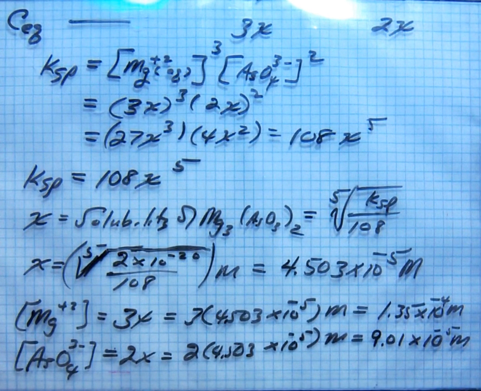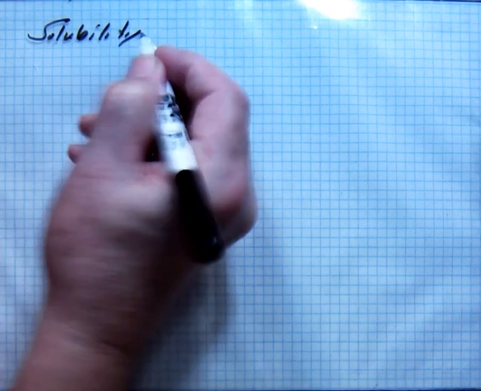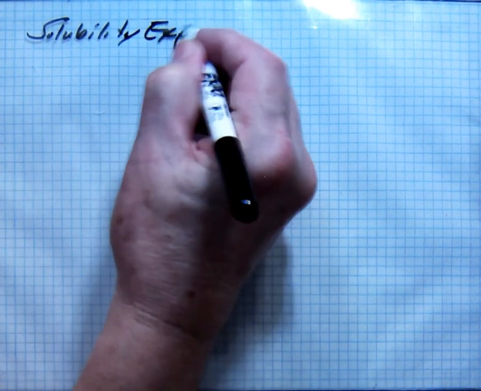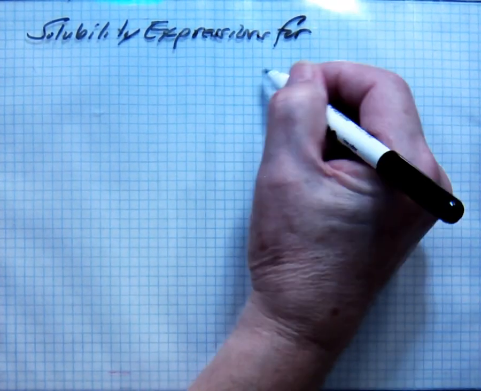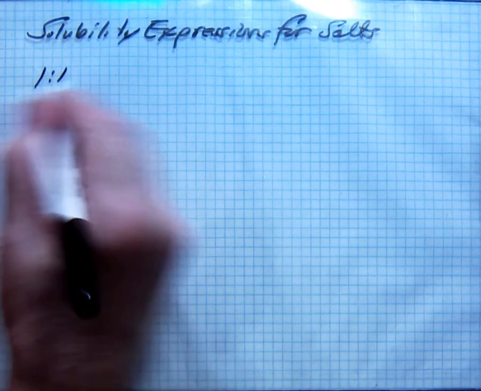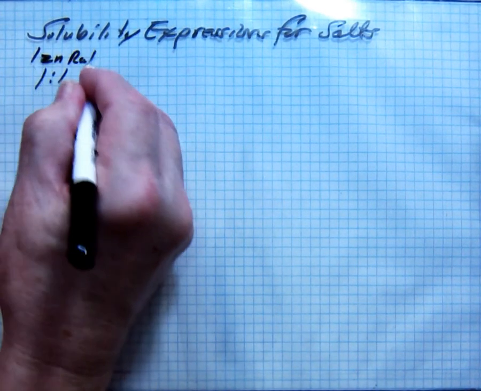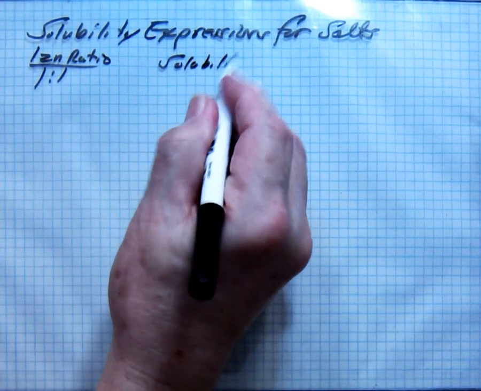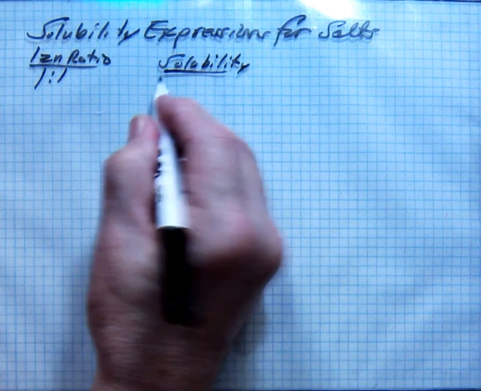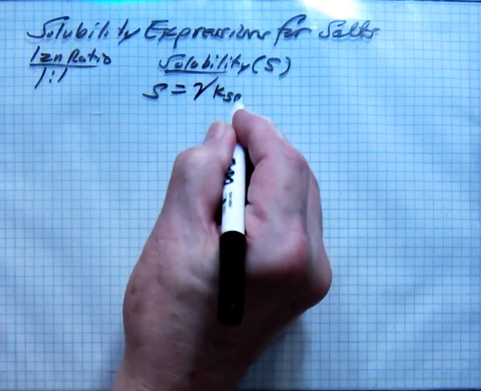So if it is a 1-to-1 ionization ratio, then the solubility, we'll call it S for this one, S is equal to the square root of KSP.